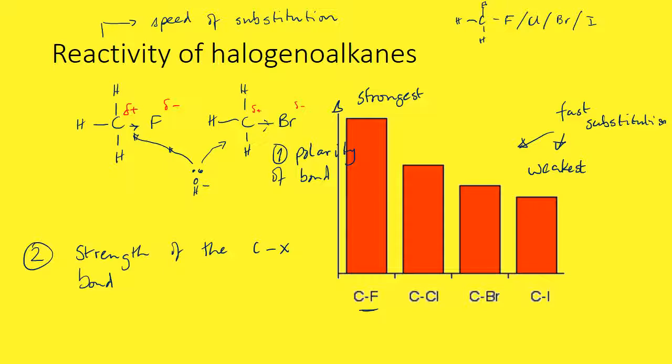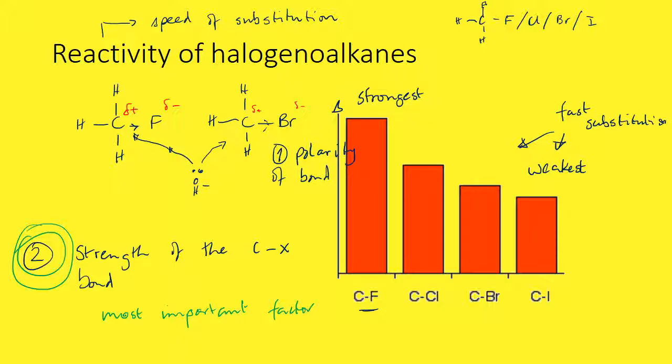So the polarity of the carbon-fluorine bond would suggest that it has been more attractive to the nucleophile. But the fact is that the second factor, the strength of the bond, is the most important factor. Right.